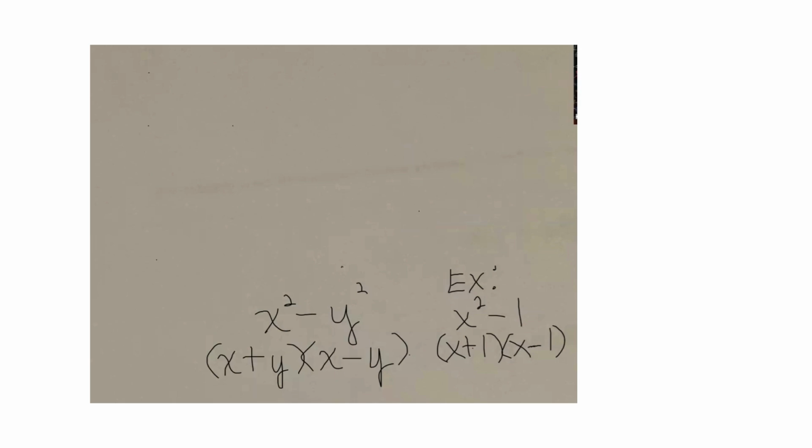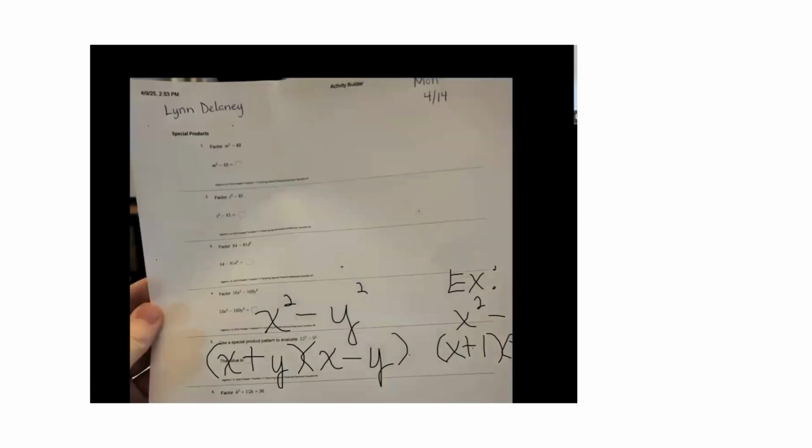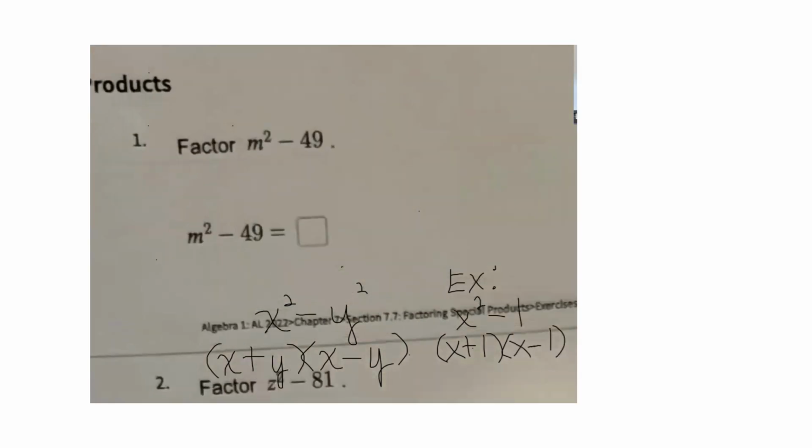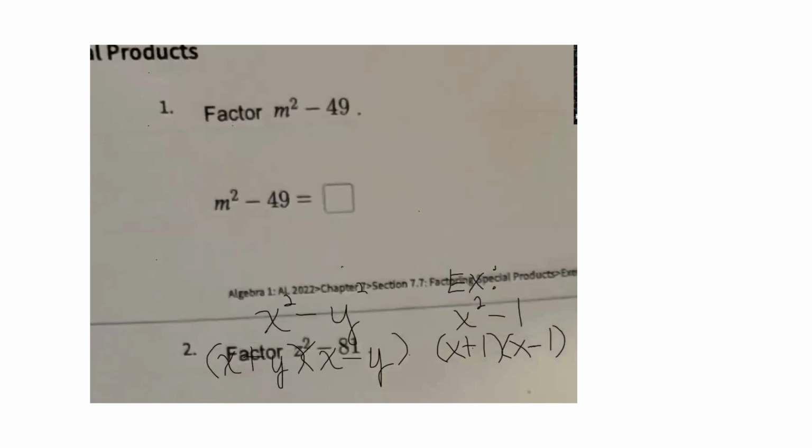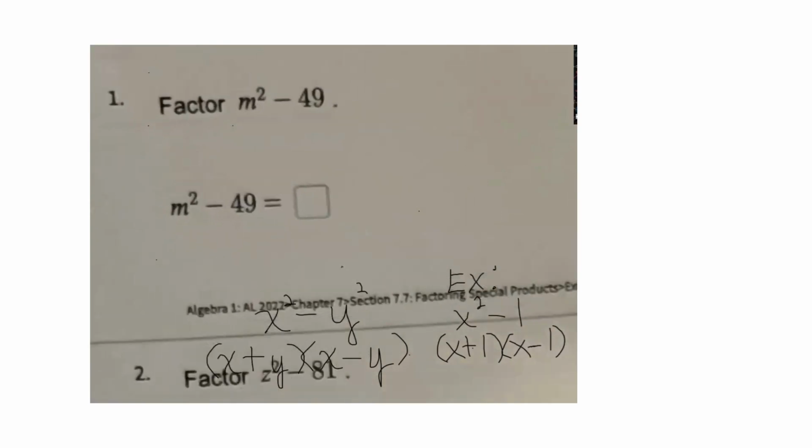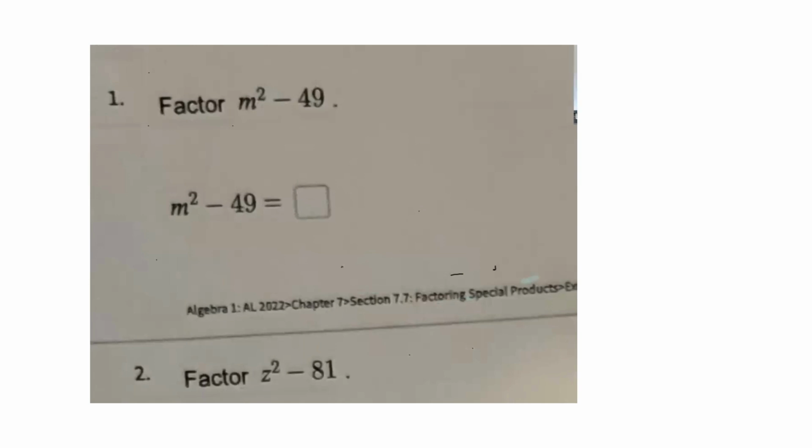Actually, instead of examples, let's just do your problems. So we're going to factor m squared minus 49. You look and you say, okay, m squared is a perfect square, and 49 too.